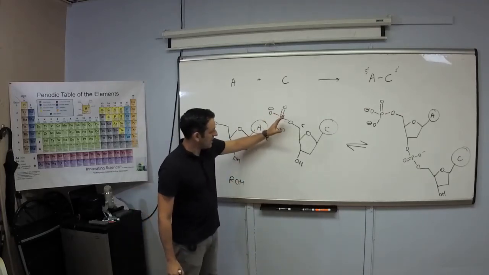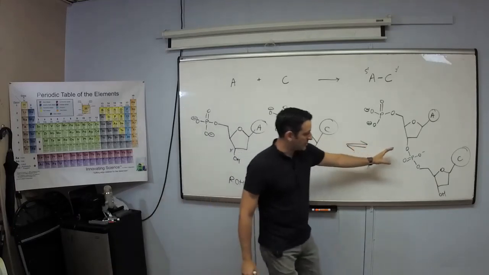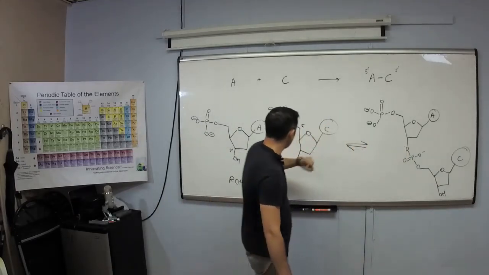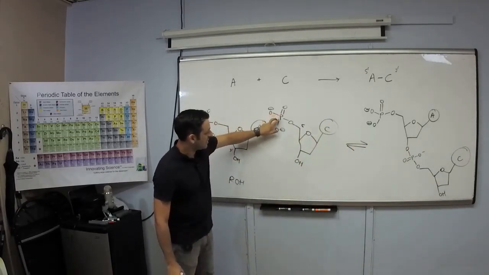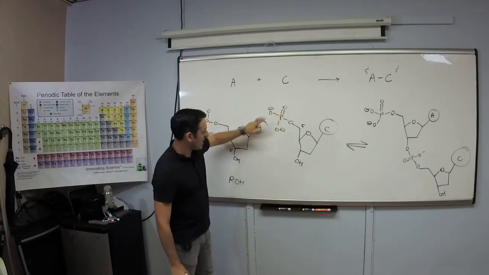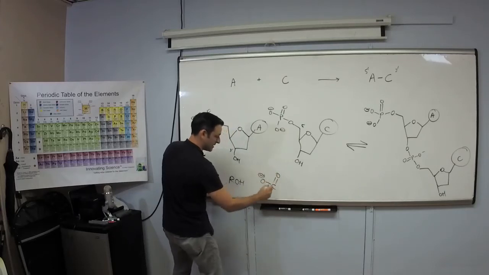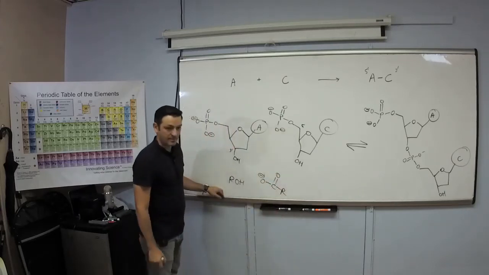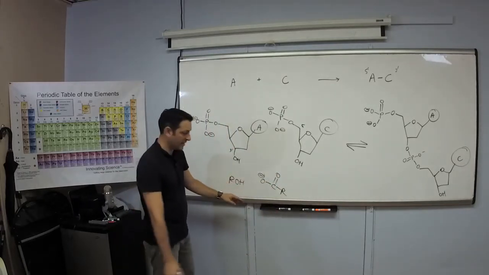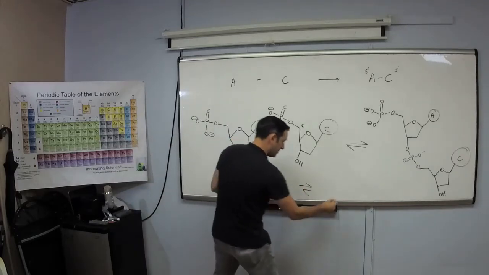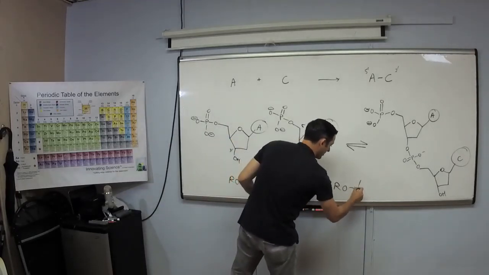This is a phosphomonoester, and over here it's a phosphodiester, right? The real difference here is instead of a P double bond O, O minus, you are creating an ester.